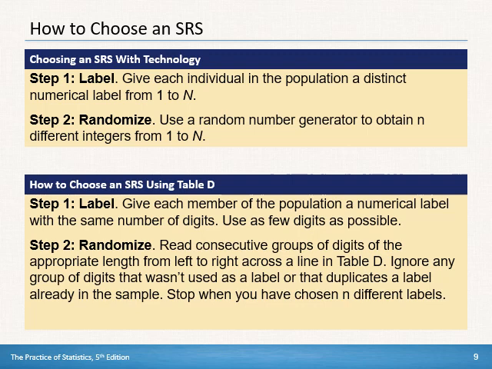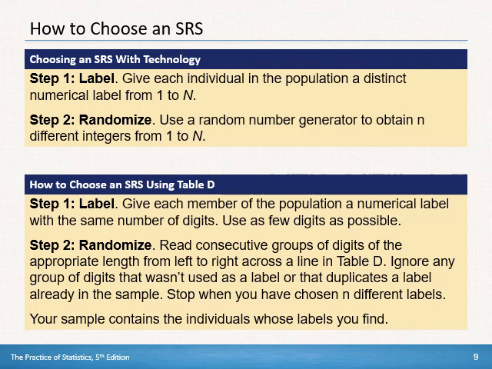So if I only have 421 individuals in my population, then I ignore any numbers beyond that. Okay, and then when we have enough labels, we stop. Like when we've picked enough numbers that correspond to how many we need in our sample, we'll stop. All right, and then the sample is just going to be everyone that corresponds to a number that was chosen. Let's go through an example. I think this is probably confusing until we actually do an example.